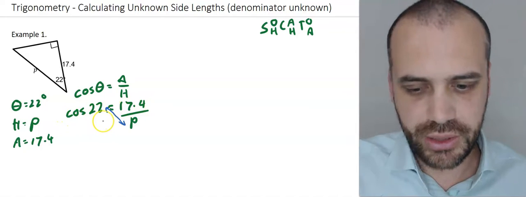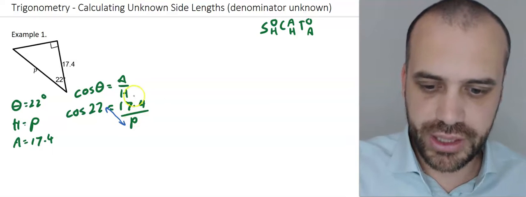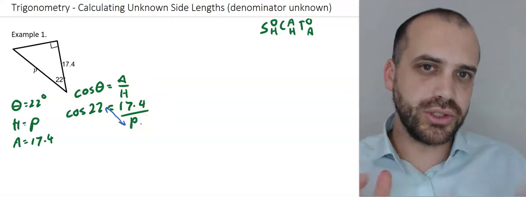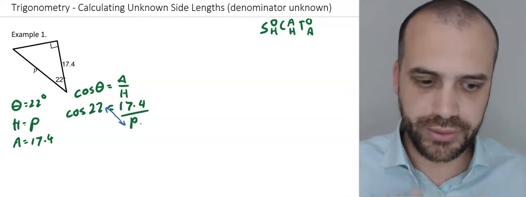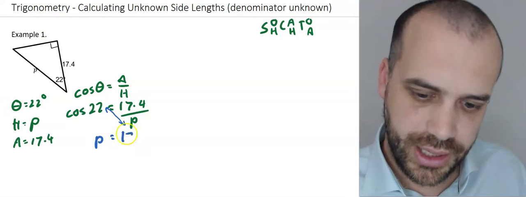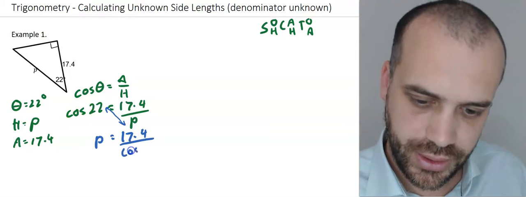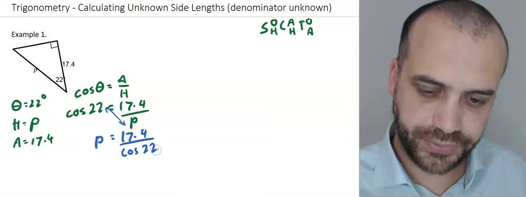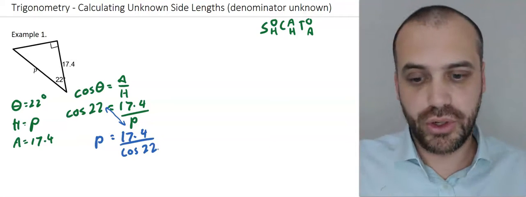If we divide this side by cos 22, they'll cancel each other out, and if we divide this side by cos 22, we'll get cos 22 on the bottom. Regardless, whichever way you think of it, this is what happens. P ends up being here, and 17.4 divided by cos 22 is there. Alright, so that's what happens when you've got the unknown on the bottom.